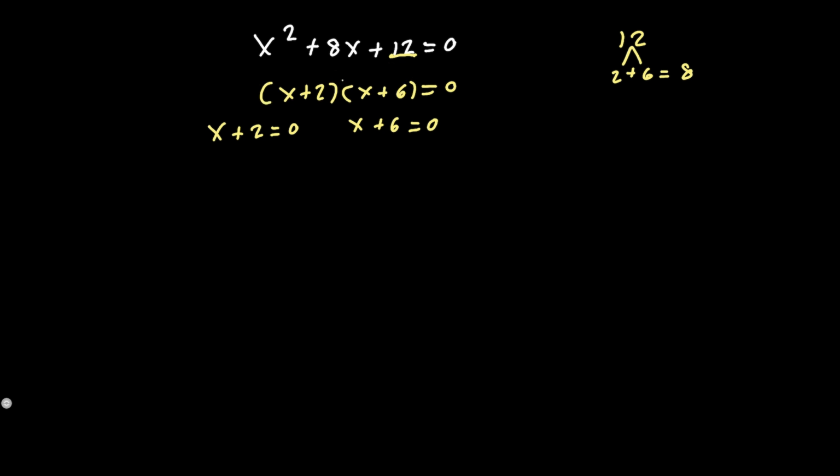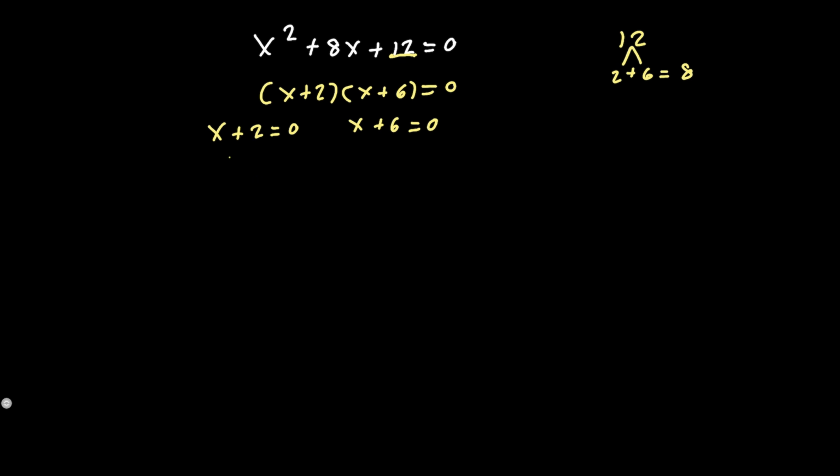Similarly, we could say the same logic for this one. If this is 0, and 0 times whatever this is, some number, it is still going to be 0. So that is why we set each factor equal to 0, because if one factor is equal to 0, then the entire product is going to become 0.